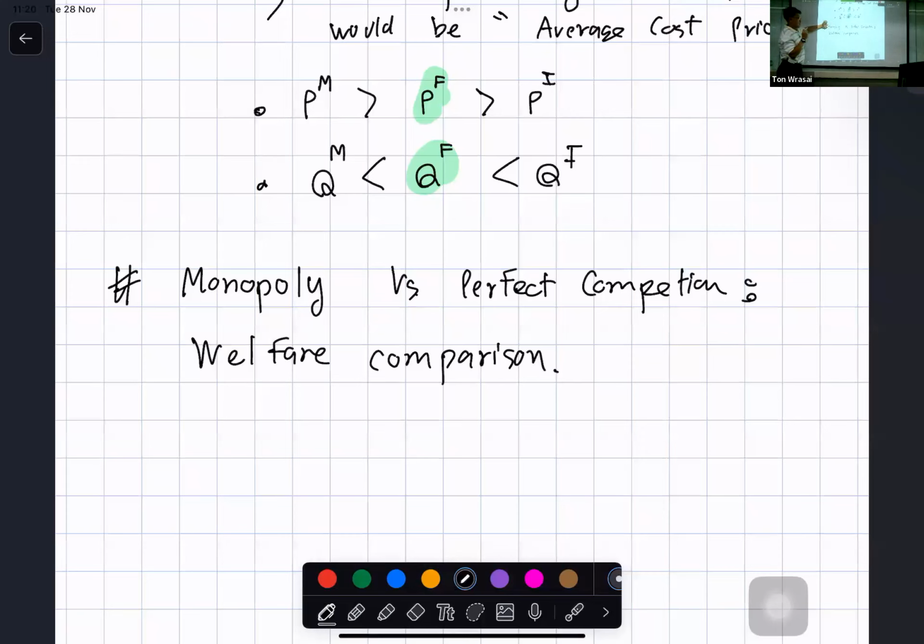The first world is if we have to purchase the good from a monopolist. Another scenario is if we purchase the good from many firms that we can choose from. Monopoly versus perfect competition, welfare comparison.